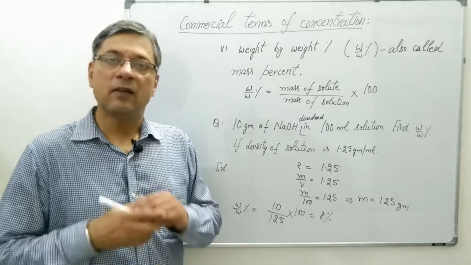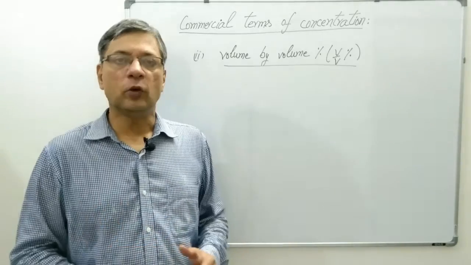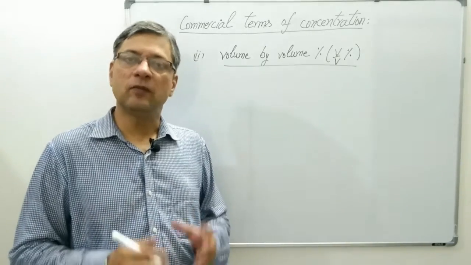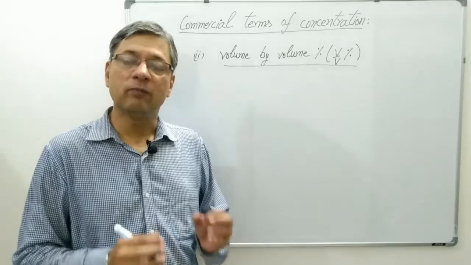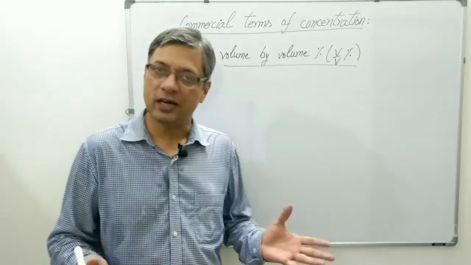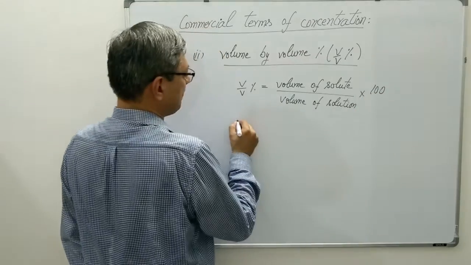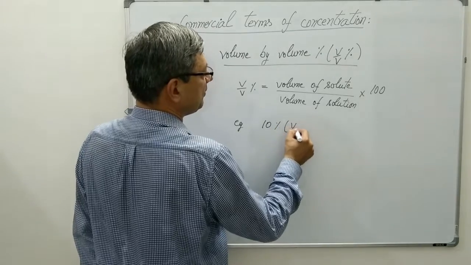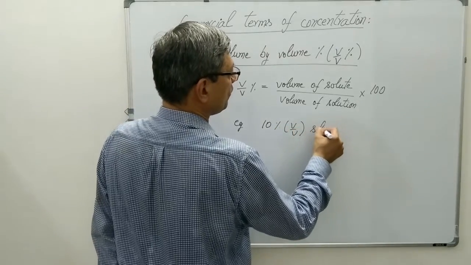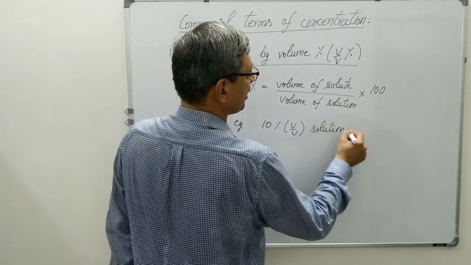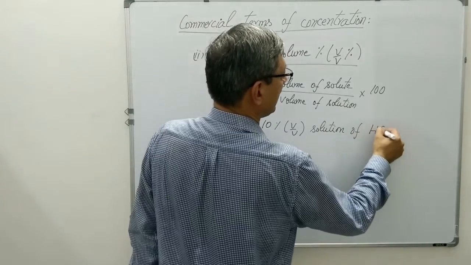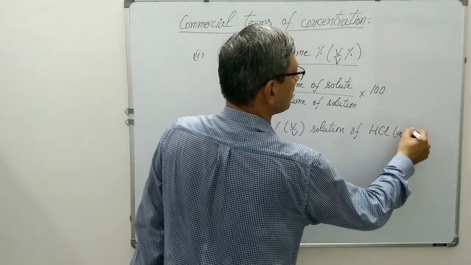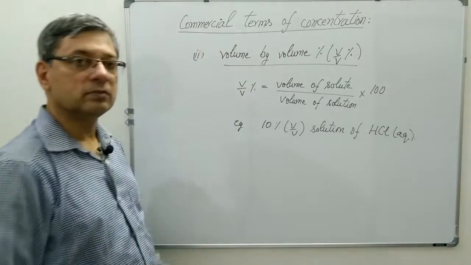Next is volume by volume percentage. Volume by volume percentage is equal to volume of solute upon volume of solution into 100. For example, 10% V/V solution of hydrochloric acid aqueous, HCl aqueous. What is an aqueous solution?